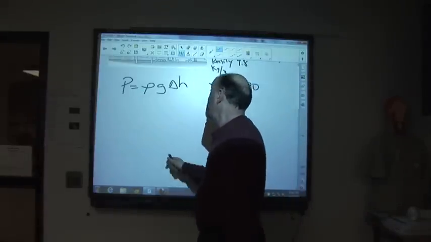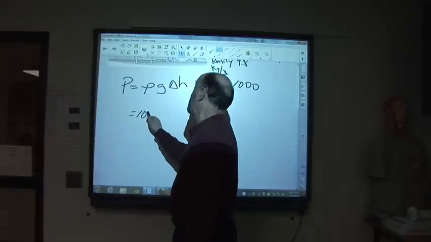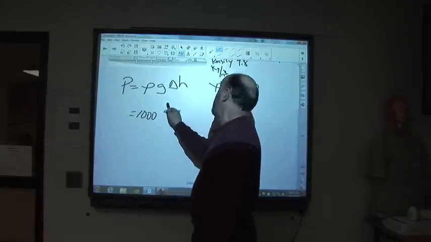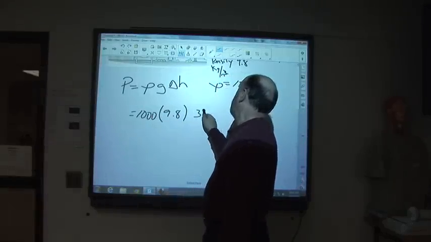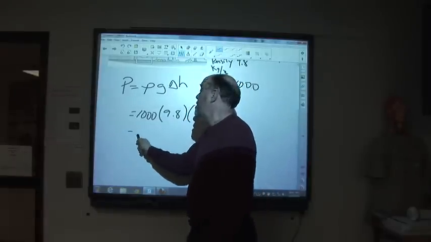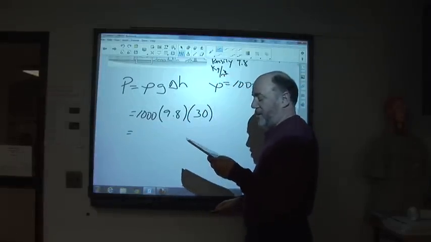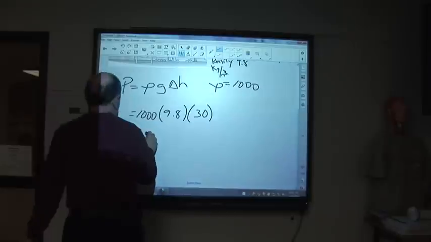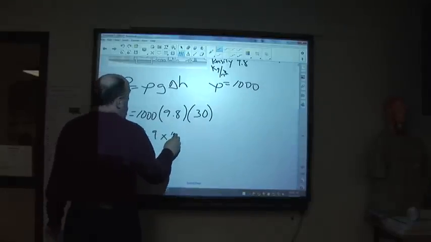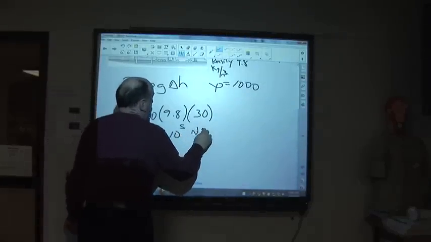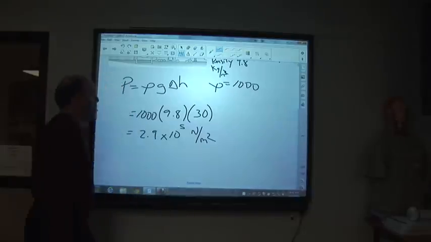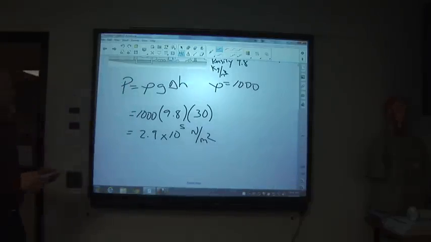So my pressure will be 1,000 times 9.8 times 30. The amount being delivered to my pipe is 2.9 times 10 to the 5th newtons per meter squared. So we have a liquid, in this case water, to a pipe.